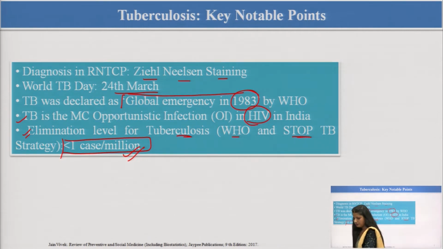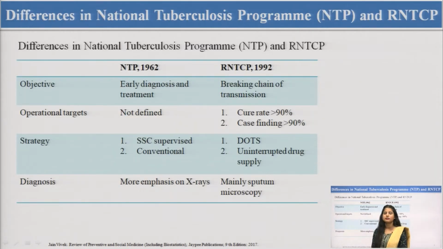After that, we will discuss the National Tuberculosis Program and the Revised National Tuberculosis Program. What is the difference? The first program for the prevention and control of tuberculosis was launched in 1962, known as NTP, the National Tuberculosis Program.